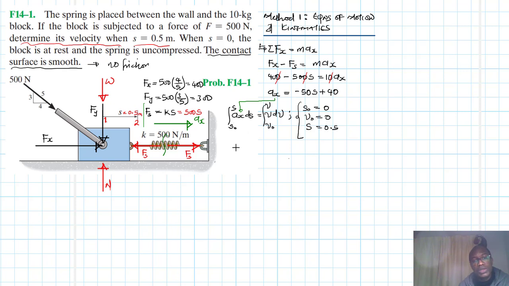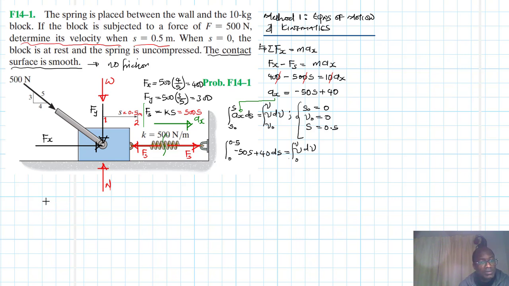So with all this information, we can write this as the integral from 0 to 0.5 of minus 50 s plus 40, ds, equal to the integral from 0 to v of v dv. All right, let's get to this side.